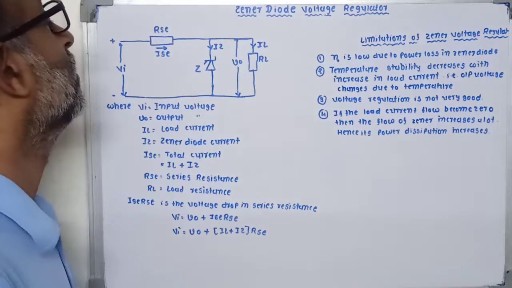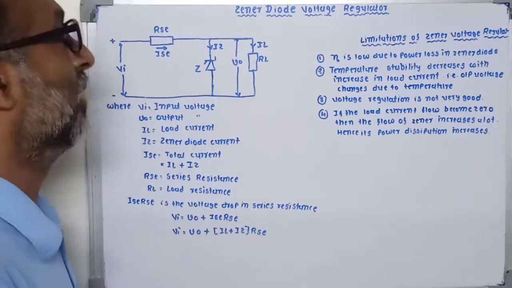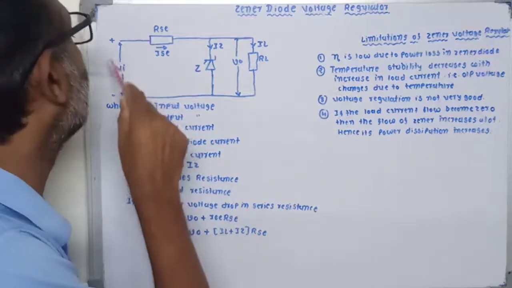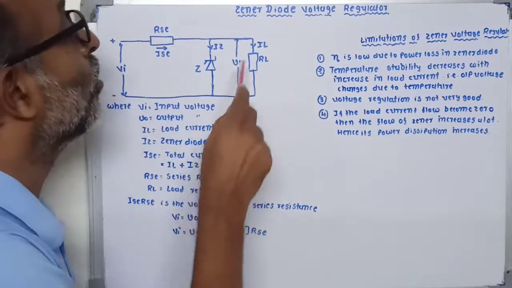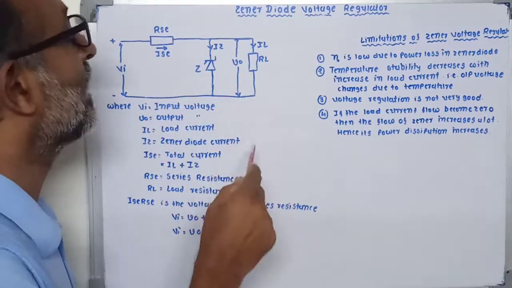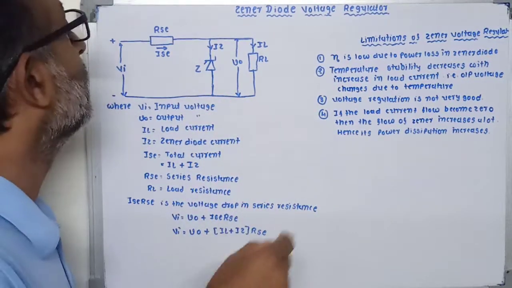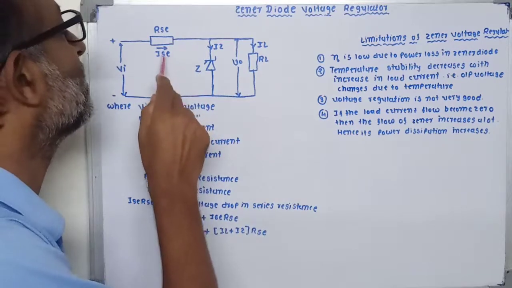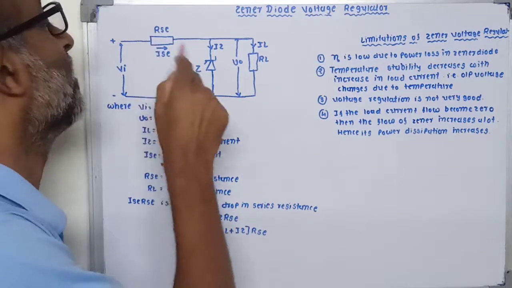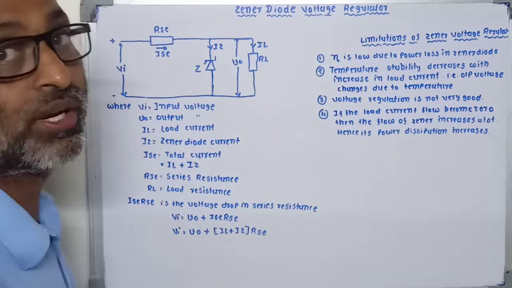So the voltage drop across this resistance is the same, so the output voltage remains constant. Now if our input voltage is constant and load current decreases, then this Zener diode draws more current from the supply, to maintain the current passing through this resistance ISC the same as before. So the voltage drop across this resistance also remains the same, and our output voltage also remains the same.